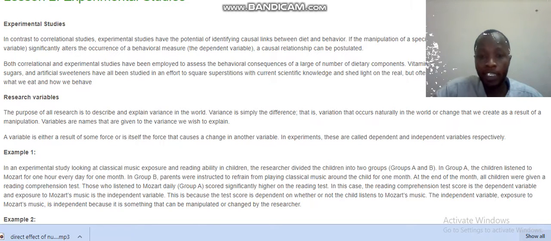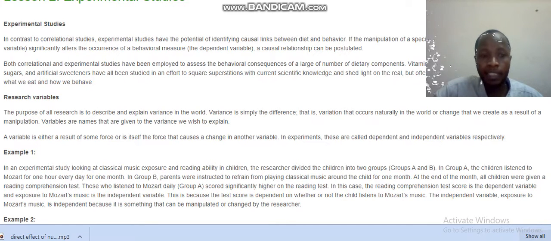So variance simply means the differences, that is variation that occurs naturally in the world, or a change that we create as a result of manipulation. Therefore, variables are names that are given to the variance we wish to explain.